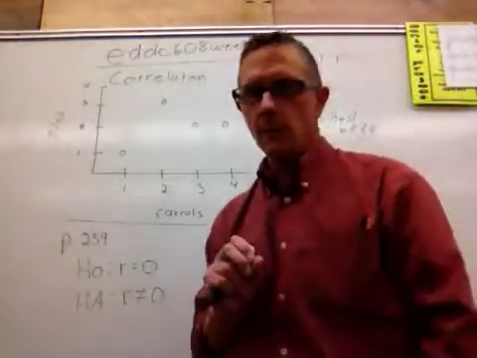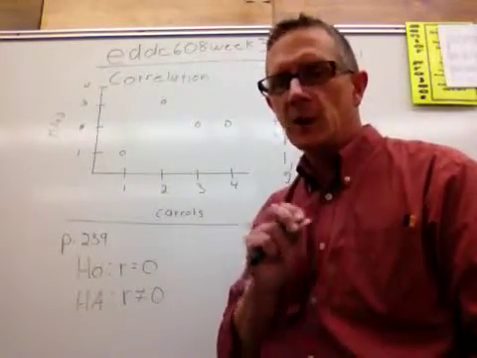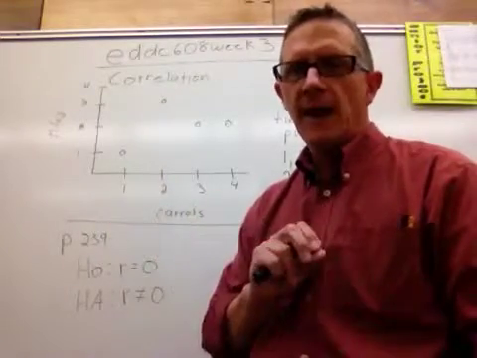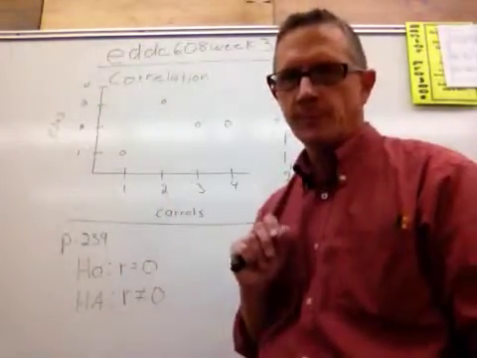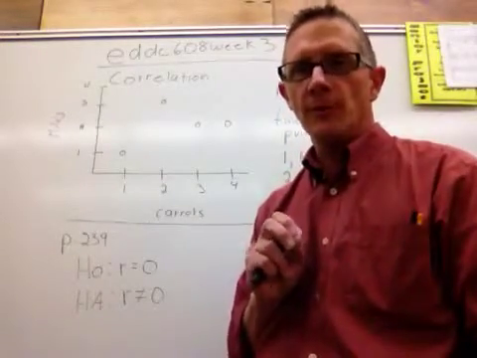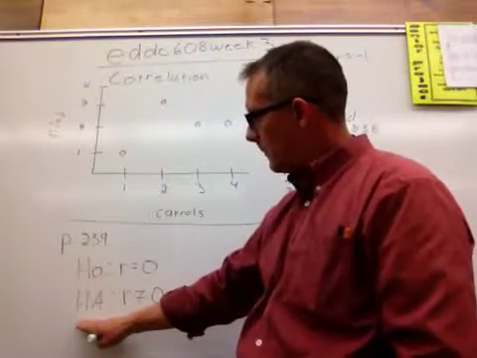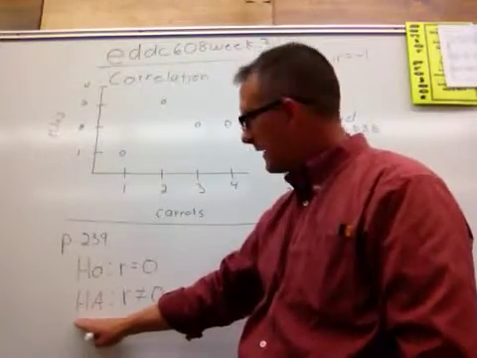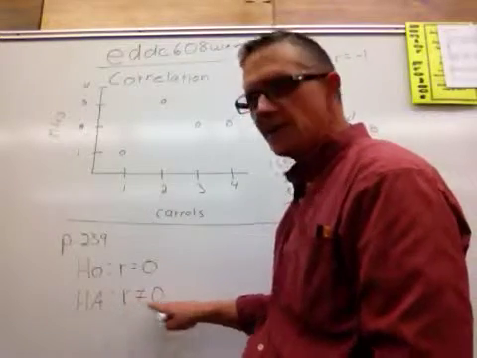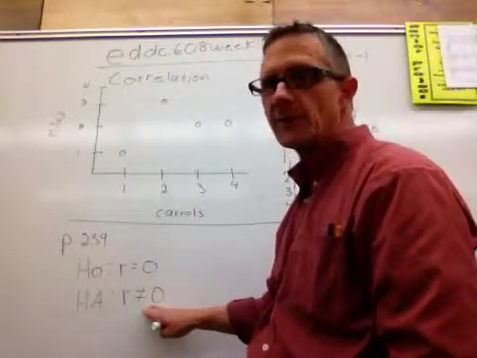I don't know how that would work, but the null hypothesis would be that there's absolutely no relationship between the number of hours that you sleep and your IQ. So it's upon the researcher to show that there potentially is a relationship. As a result, the alternative hypothesis is that the correlation in the population is not 0. Therefore, some correlation exists. So this is very important.